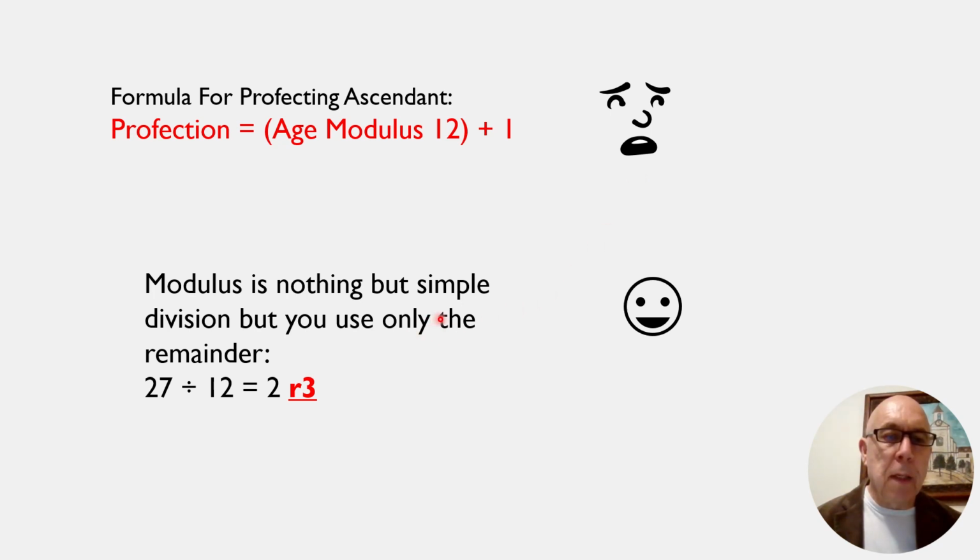Modulus is nothing but simple division, but you use only the remainder. So you see you have 27 divided by 12 equals 2, remainder 3. To get the modulus, you just use the remainder 3. You wouldn't be interested in the 2, just the 3. This will be clearer as we go forward and look at examples.